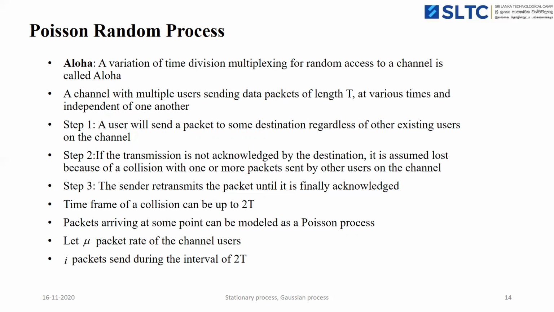Step two: if the transmission is not acknowledged by the destination, then it is assumed that the packet was lost because of collision with one or more packets sent by other users on the channel. Step three: the sender retransmits the packet until it is finally acknowledged.